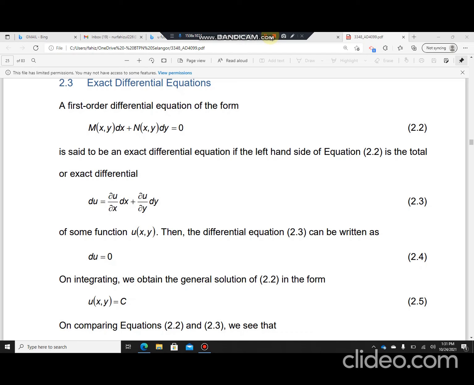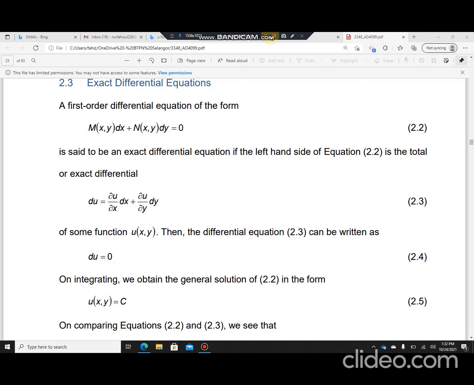Then the differential equation 2.3 can be written as du equals 0. On integrating, we obtain the general solution of 2.2 in the form u(x,y) equals c.